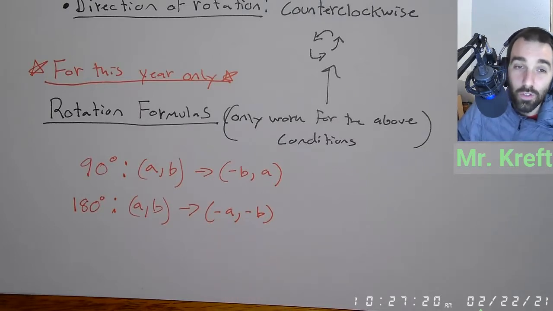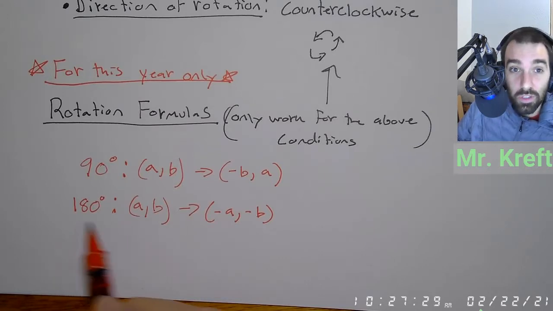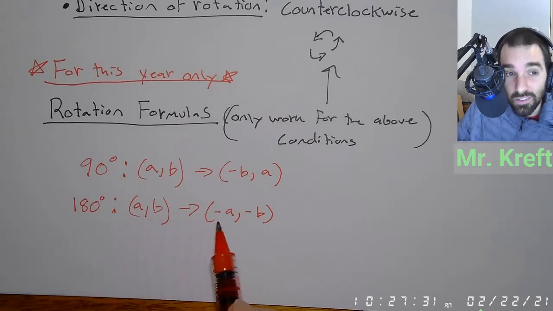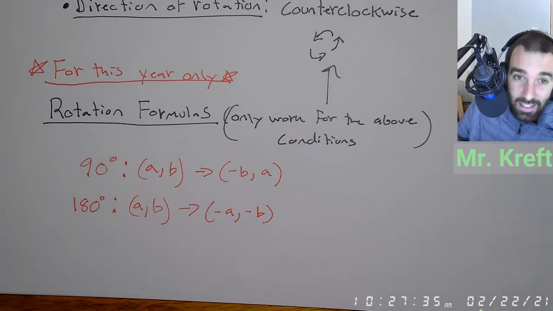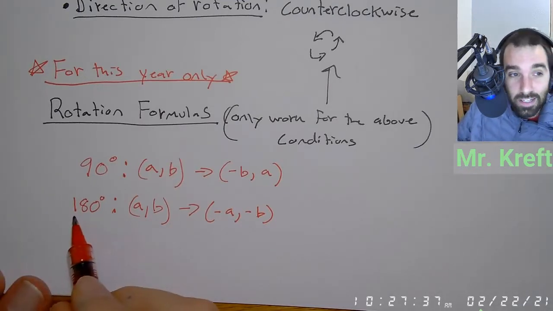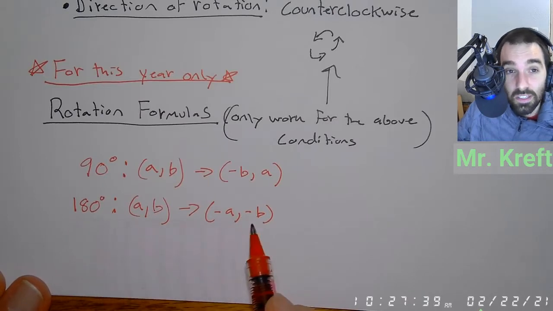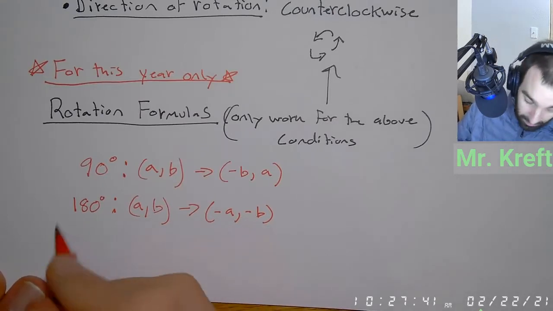So for me, 180 is one that I just kind of have, not necessarily memorized, but it's just kind of like common sense, right? If 180 means to go the opposite direction, then it's the opposite points. So again, I wouldn't memorize any of these. I just think that this one's easy to kind of remember.